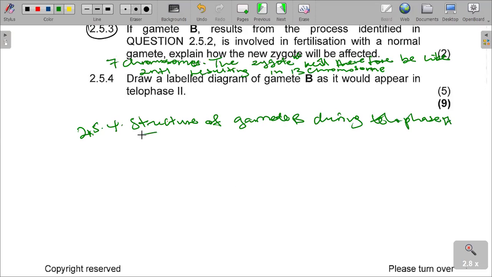So that is your title of the diagram that you are asked to draw. So I'm just going to quickly draw the diagram.